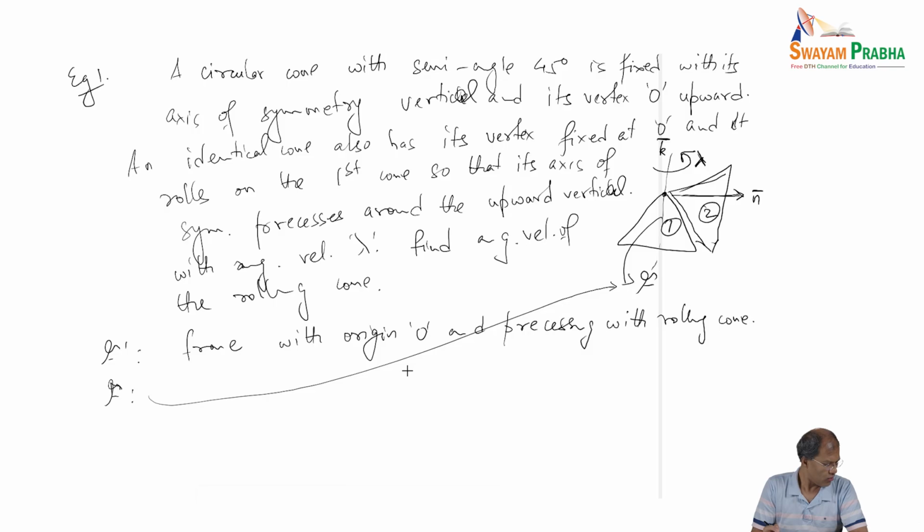Okay, so now the second cone has an axis of symmetry about this axis n, right?